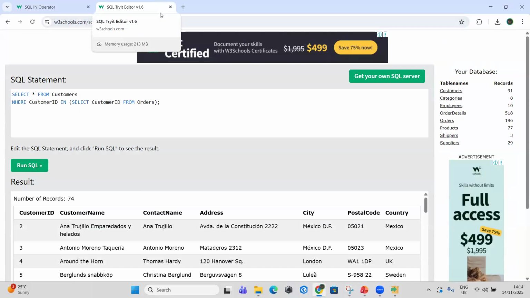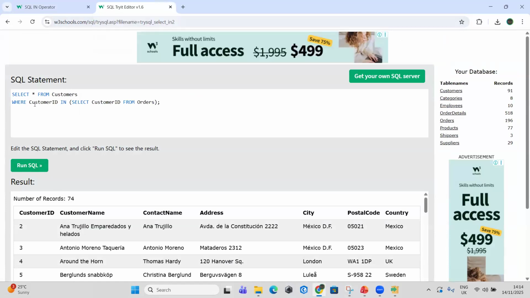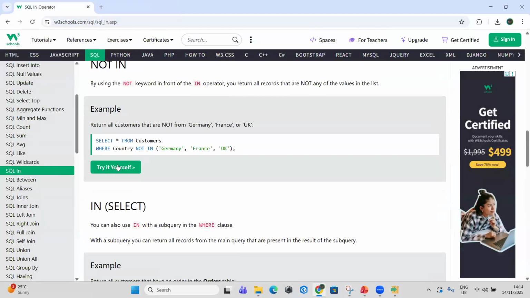Select star from customer, select customer ID, where customer ID in (select customer ID from orders). Okay, so these are two different tables. The nested one is getting very complex.